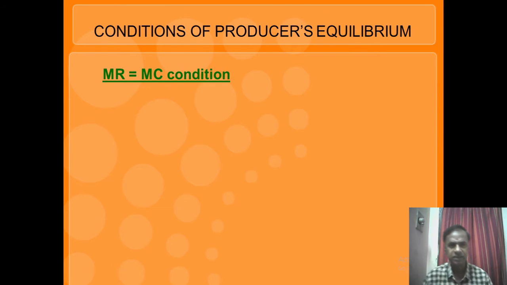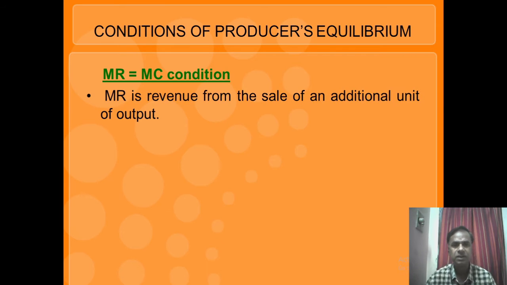Let us explain the conditions. First condition, MR is equal to MC. You know very well, MR is the revenue from the sale of an additional unit of output. Marginal revenue is the addition to the total revenue from the sale of one more unit of output.